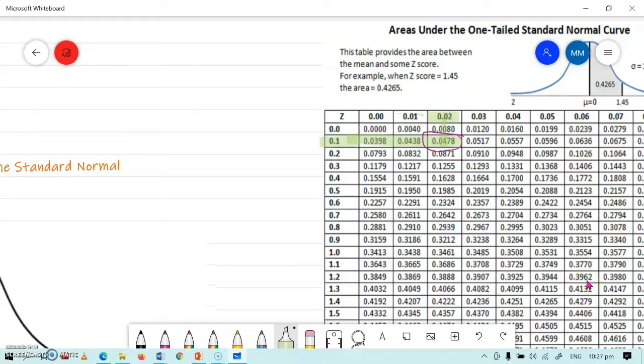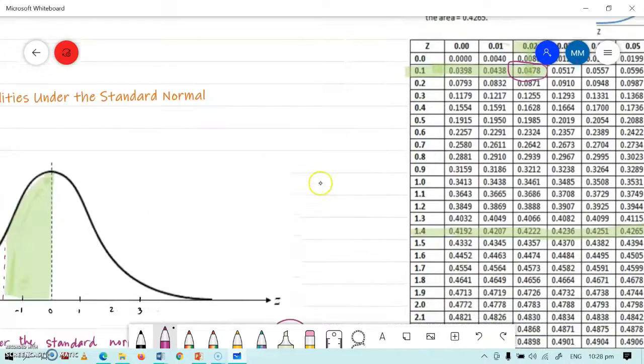Okay, so that's 1.4 and 0.06, and the intersection is at 0.4279, and that is already the area of our shaded region.